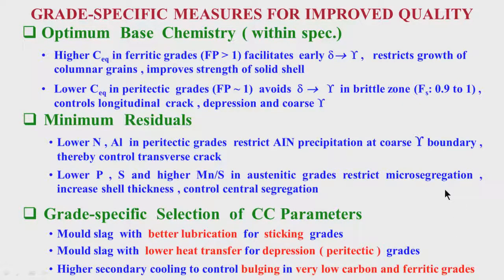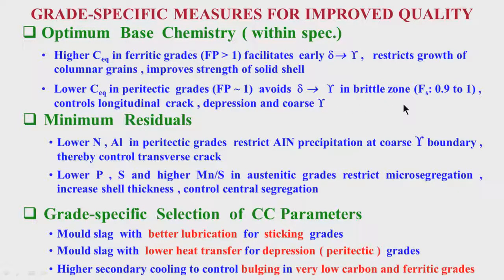And so, the strategies are: either selection of continuous casting parameters based on their characteristics, so grade specific, we call it grade specific selection of continuous casting parameters, or you use optimum base chemistry. I have again mentioned, depending on whether it is depression grades, that means where the carbon equivalent is around 0.1.